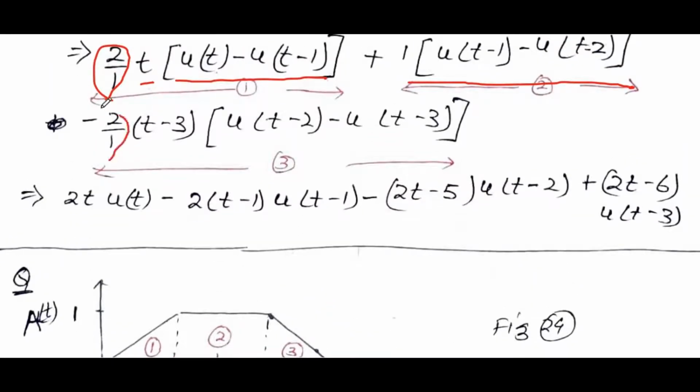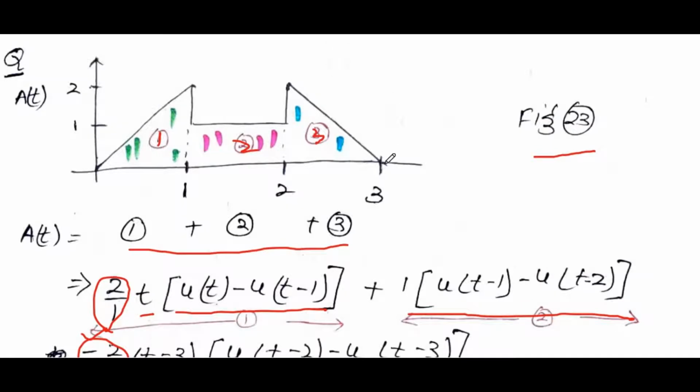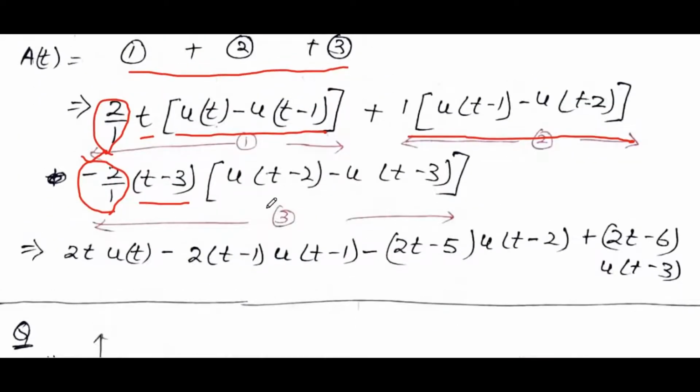This you have to keep in your mind. Now we will apply a minus sign, y2 minus y1 upon x2 minus x1, into t minus 3, because this line is passing from 3. u of t minus 2 minus u of t minus 3 is a gate function.